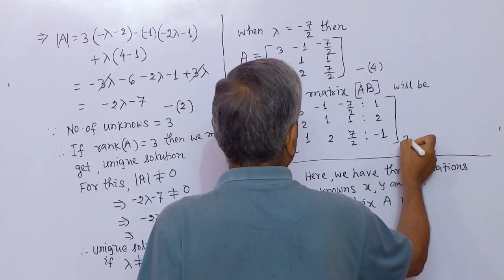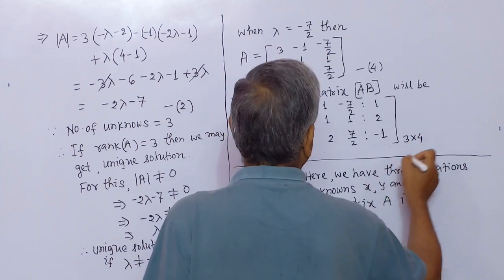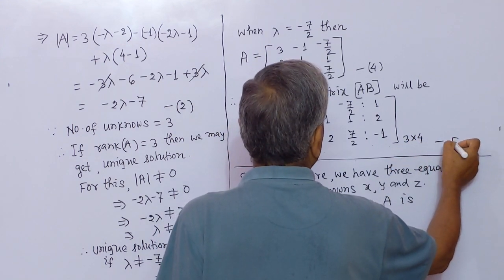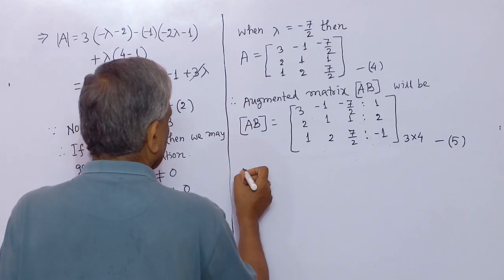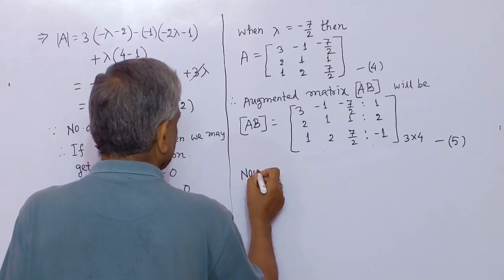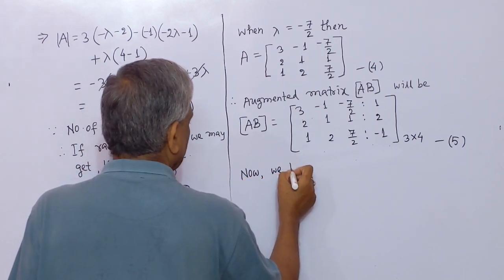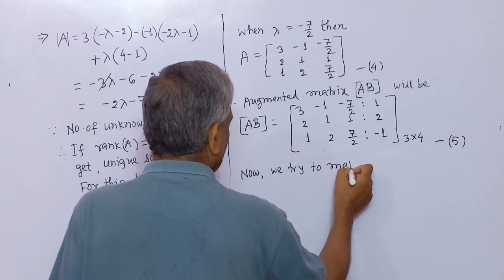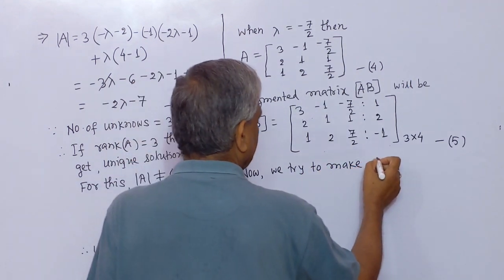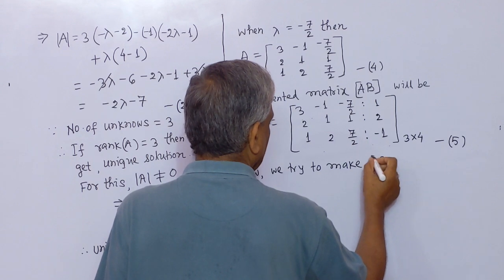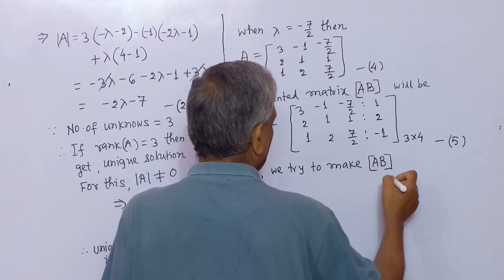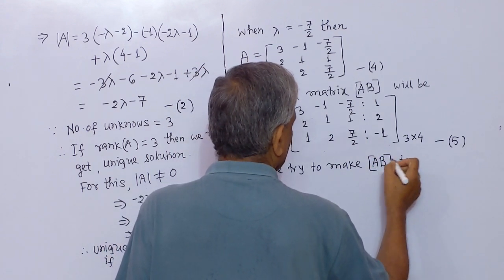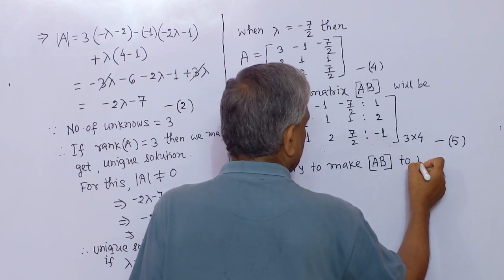This is a 3 by 4 matrix. This is number 5. Now we try to make the augmented matrix AB to echelon form.